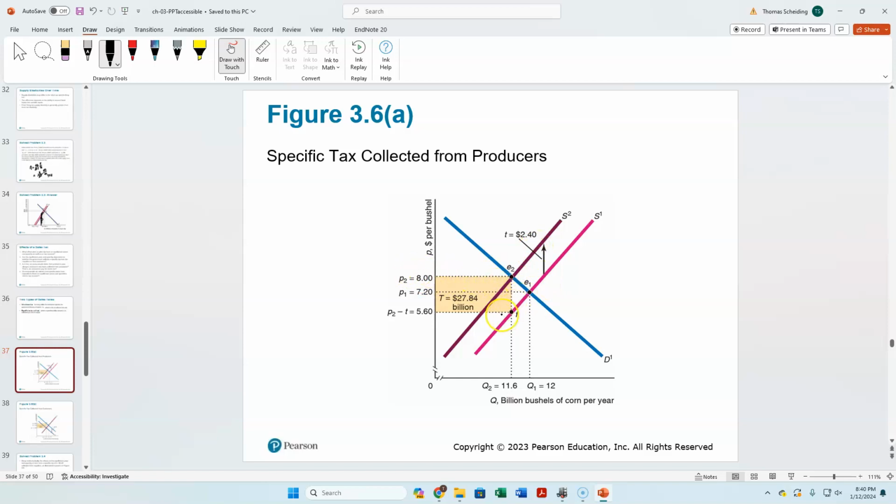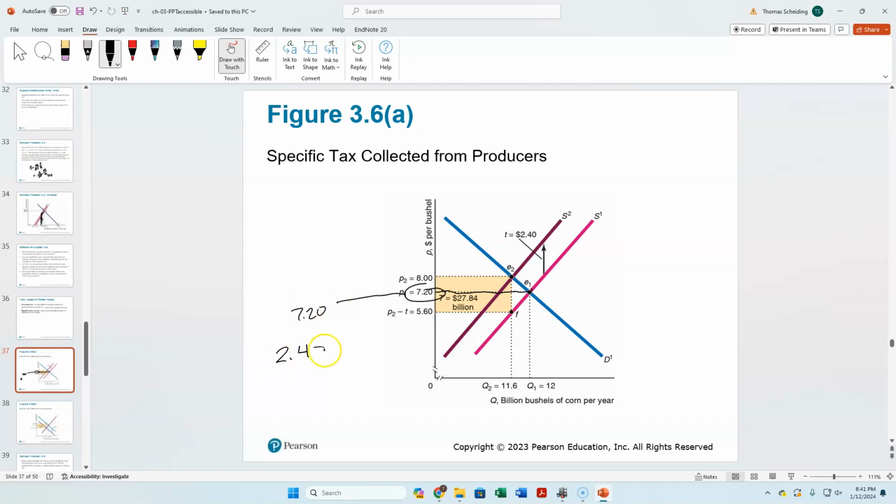Now the yellow box here is measuring how much is legally being remitted to the government, from $5.60 to $8.00. So this must be a $2.40 unit tax. How do I know? Because 8 minus 5.60 is equal to 2.40. But what you can see here is that the consumer isn't paying the entire $2.40. Before the tax was imposed, the consumer paid $7.20 and the supplier got $7.20.